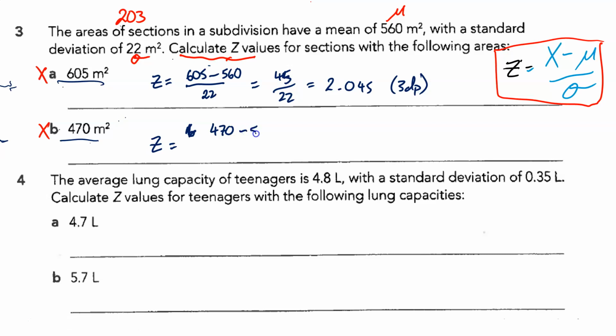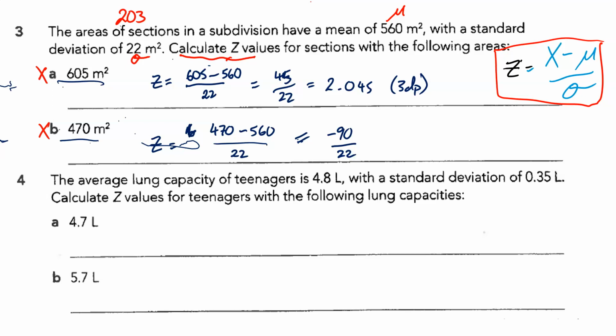Okay, take away 560, divide by 22. All right, and if we subtract them there, you'll notice that it's minus 90 over 22.